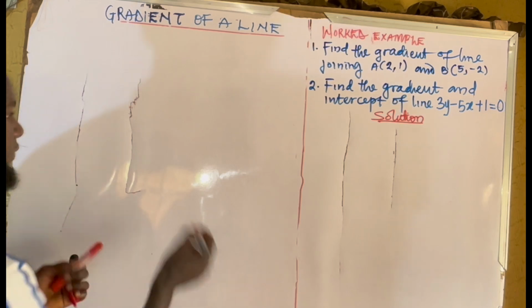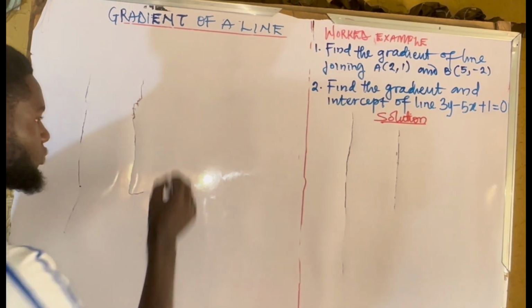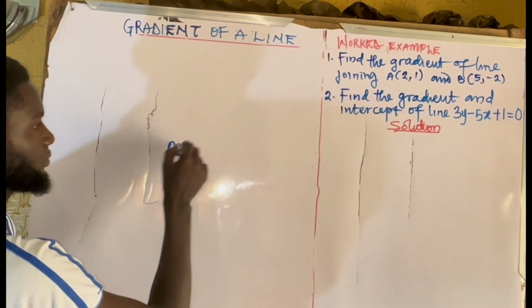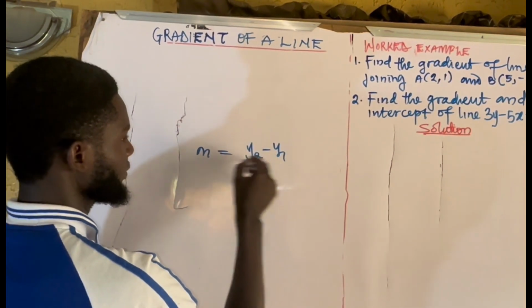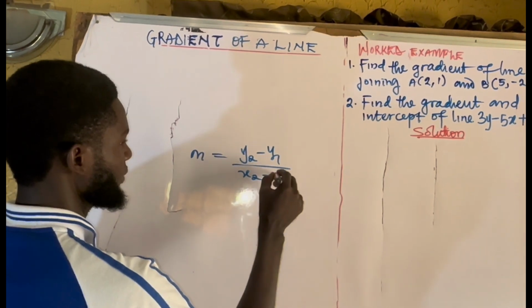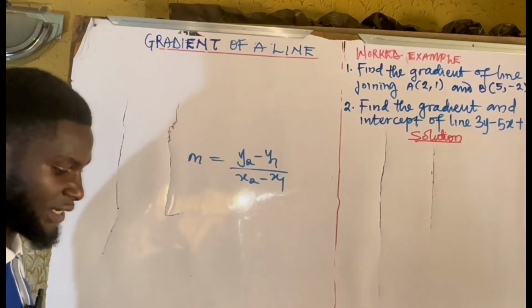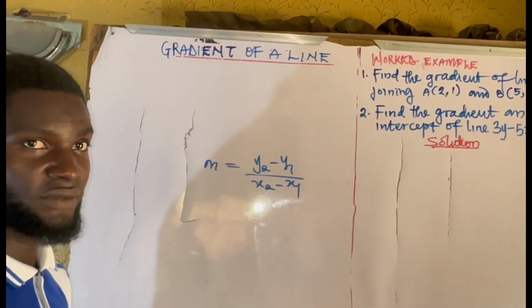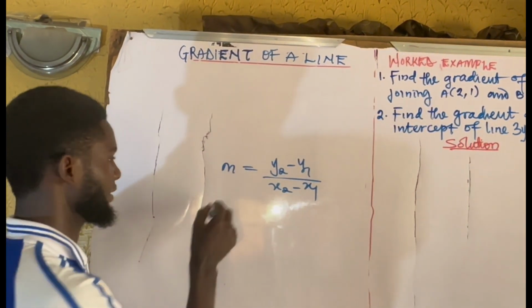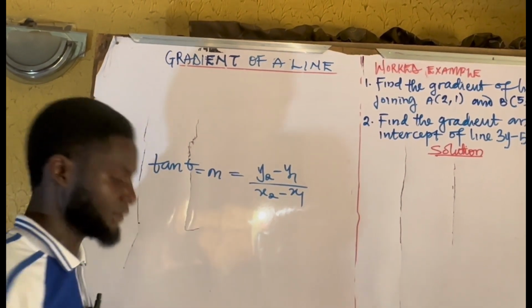The gradient when given 2 points is m equals y2 minus y1 divided by x2 minus x1. And if the angle that a line makes with the x-axis is theta, then tan theta equals the gradient.